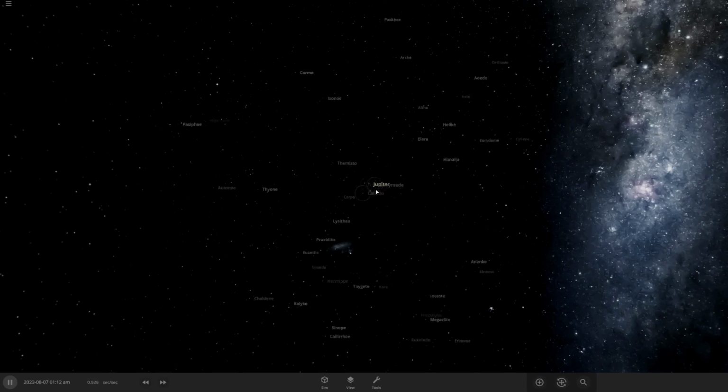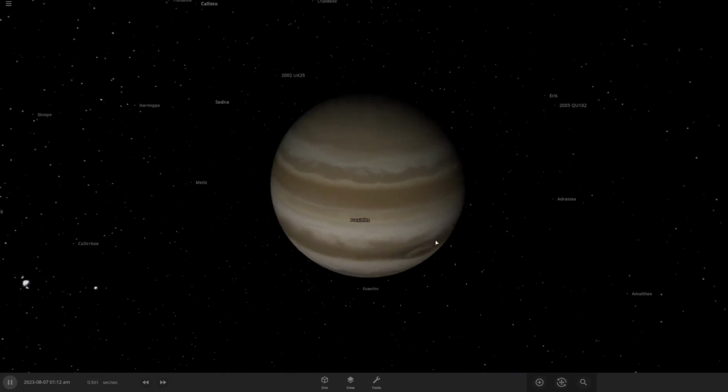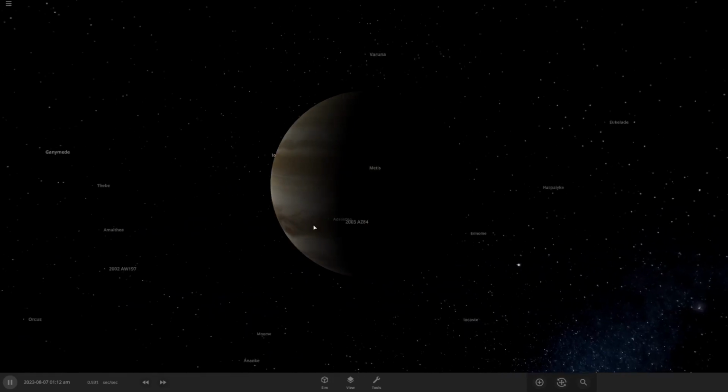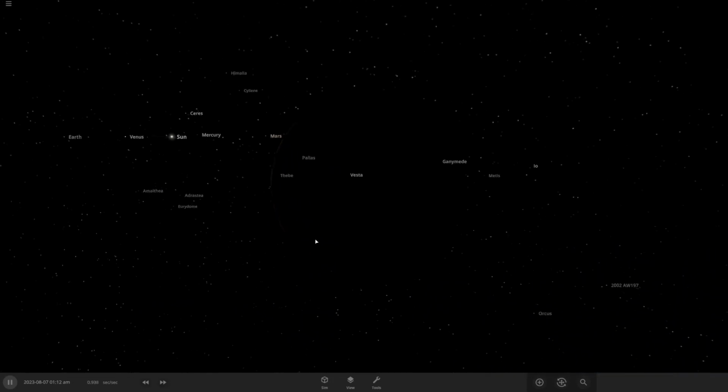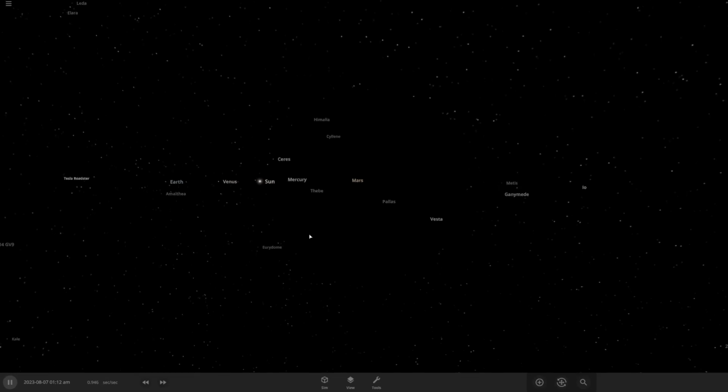Jupiter, the largest planet in our solar system, is made primarily of hydrogen and helium, just like our sun.